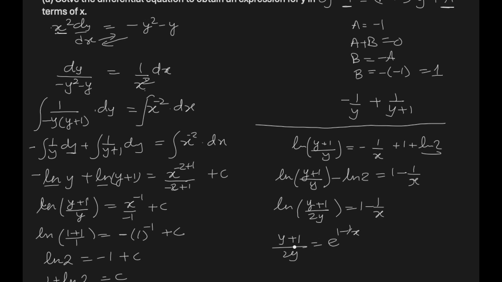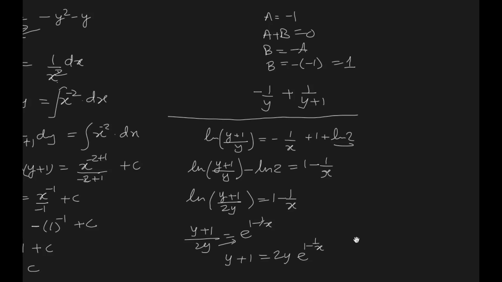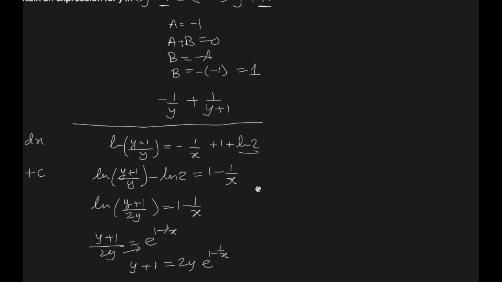But it is still not y in terms of x. These two y's have to be together, so we cross multiply. y plus 1 equal to 2y e to the power 1 minus 1 over x. Let's complete it further.